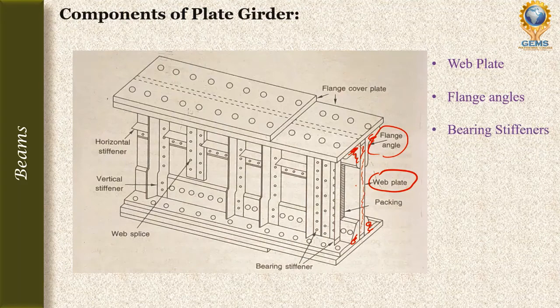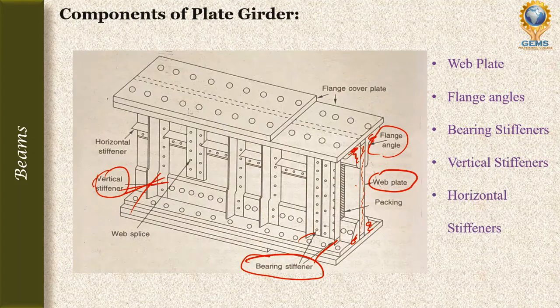Third one is bearing stiffeners. These are the bearing stiffeners. The fourth one is vertical stiffeners, and the fifth one is horizontal stiffeners.